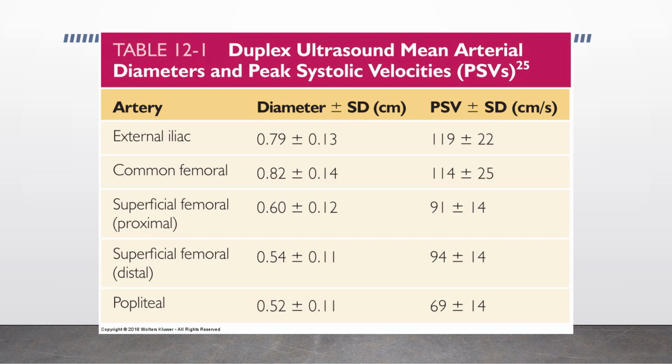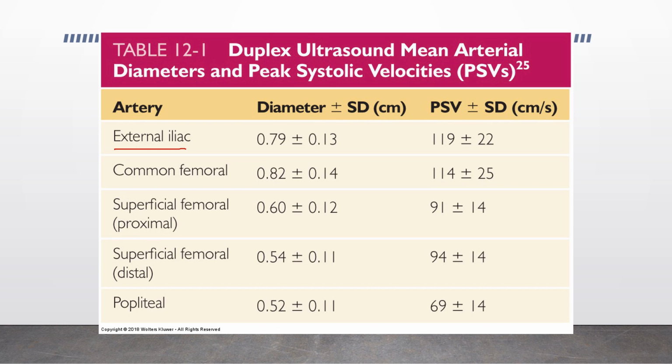Now, there are some charts that help us in evaluating these. So if I were to look at the normals, and you can print this out or have this available, of what I would expect to see in my external iliac, it should be slightly less than 1 centimeter. Okay. And its peak systolic velocity should be around 119.